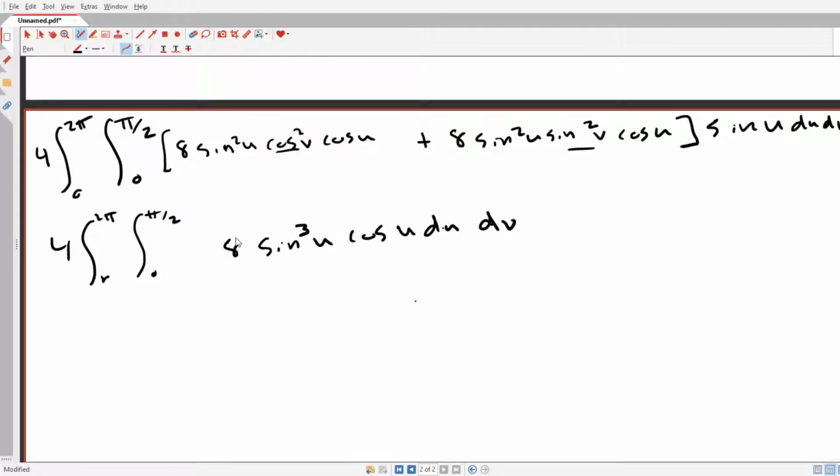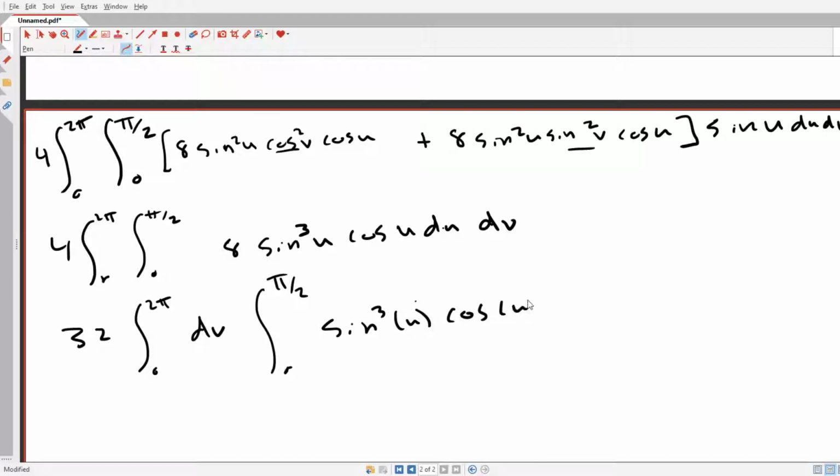Actually, it's separable, right? There's no terms that depend on v inside. So 8 times 4, that's 32. Integral from 0 to 2 pi dv. Integral from 0 to pi over 2 sine cubed cosine u du.